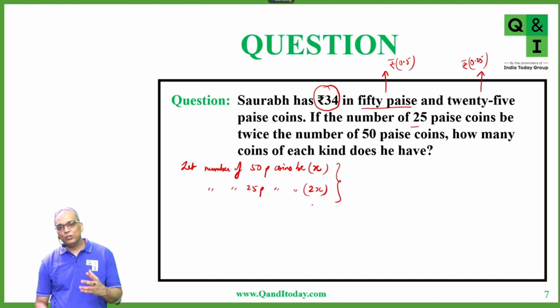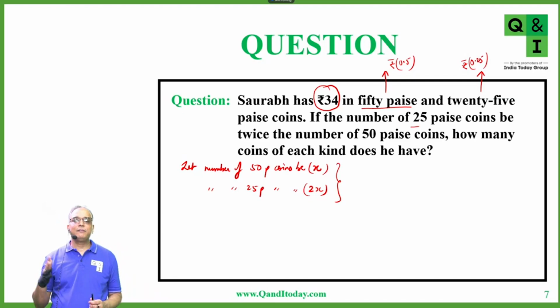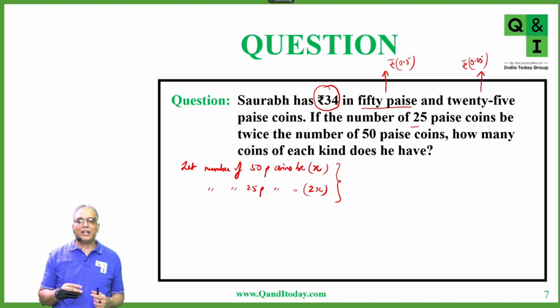now the value of, so let's say I have 7 50 paise coins. If I have to find the value of money which I have, I'll multiply 7 with 50 paise. So that is 3 rupees 50 paise. 7 into 0.5 will give you rupees 3.5.